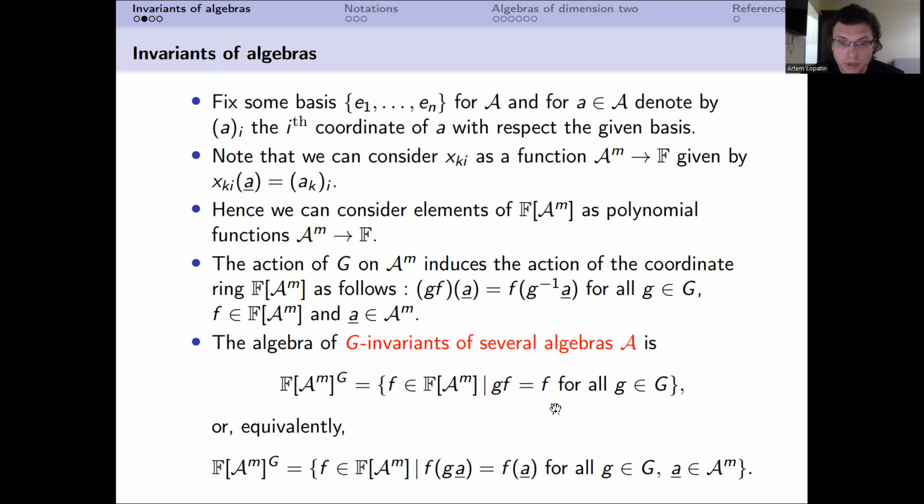And such orbits can be separated by polynomial invariants. Of course, these are not all orbits in the general case, but for example, if we come back to the case of a finite field and a finite group, then we see that in this case all orbits are separated by invariants. So this case of finite fields is quite interesting and important for invariant theory.